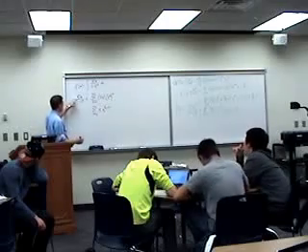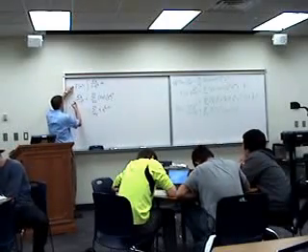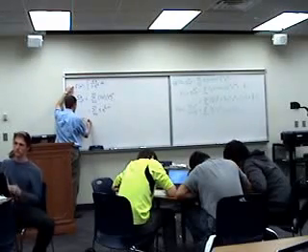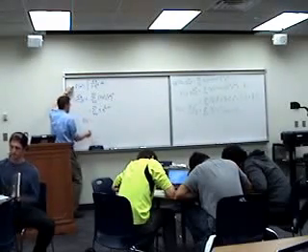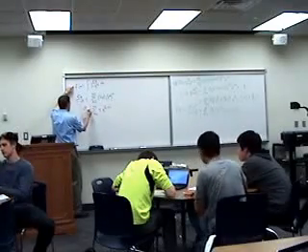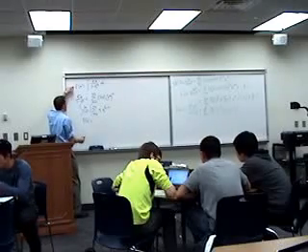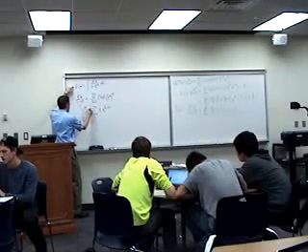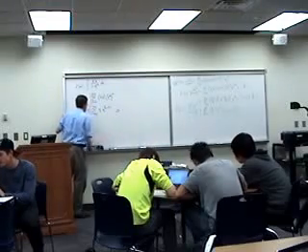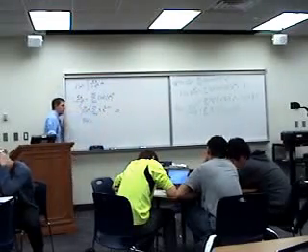Now, this is not what I want. What I want is f of x, which is the integral of that. So if I take the integral, that's going to give me f of x. I'm going to take the integral of both sides. When I take the integral, what do I do?